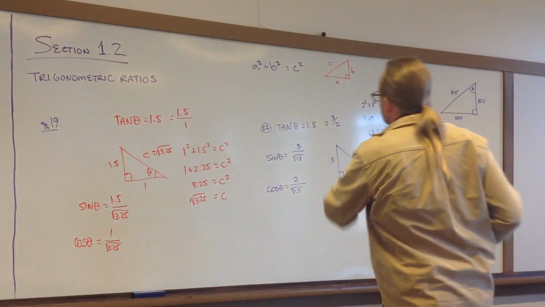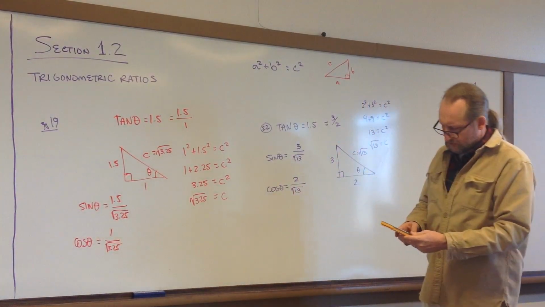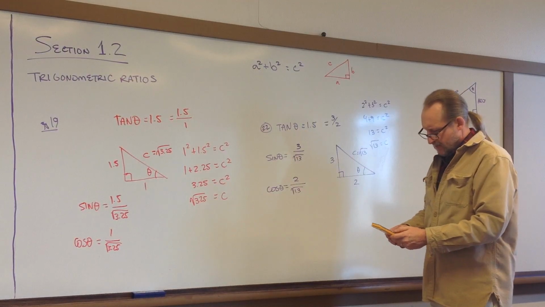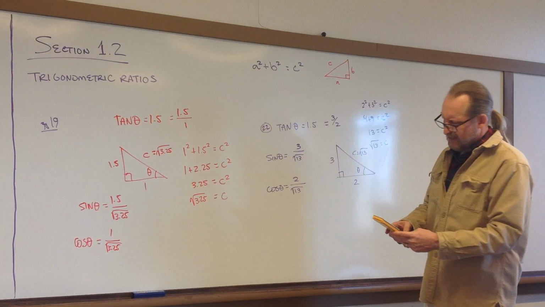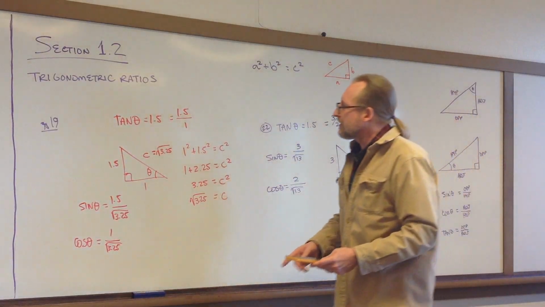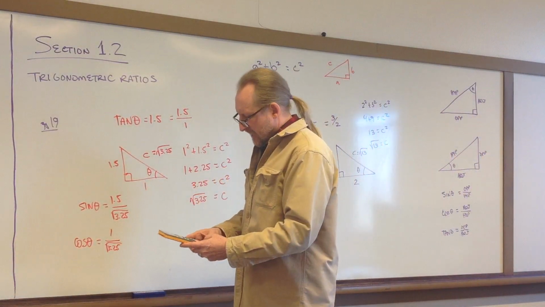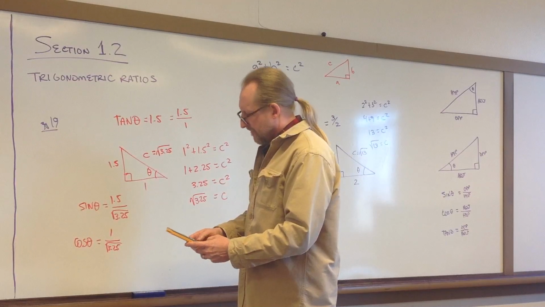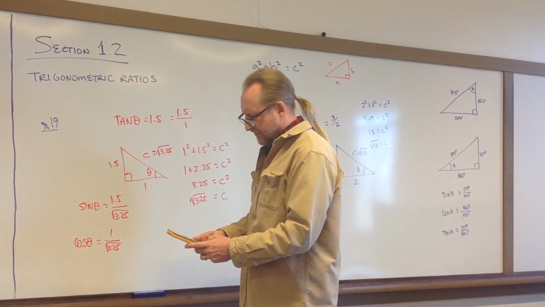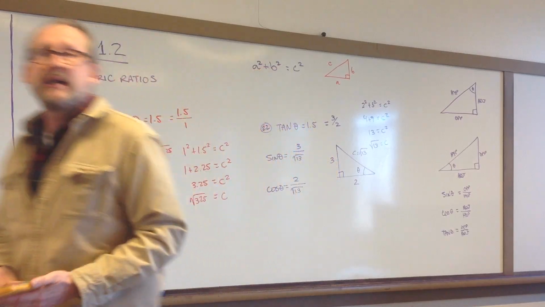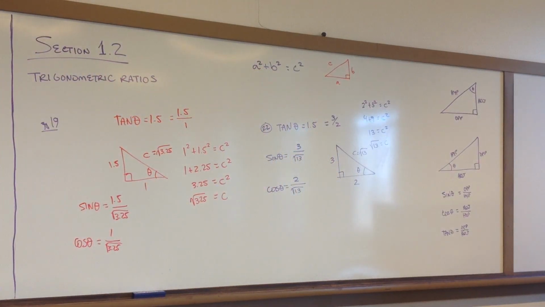Okay, this one says the sine of theta is 3 divided by square root 13. Okay, and that comes out to be about 0.832. Over here, it says 1.5 divided by square root 3.25. And here we go. I'll show you what the calculator is showing us here.